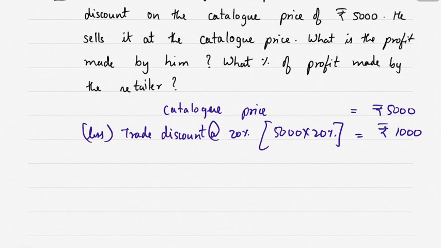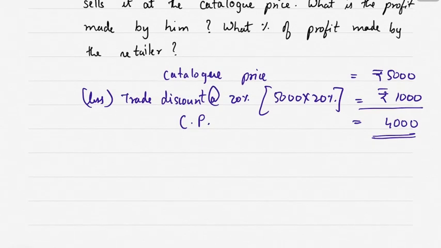Correct? Now for him, the retailer, his cost price is 5,000 minus 1,000, which is 4,000.